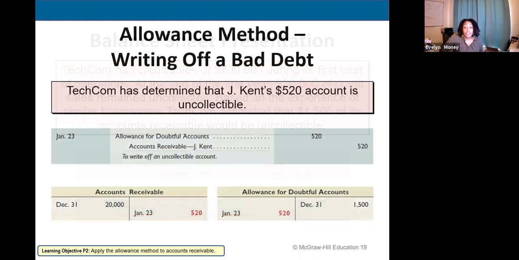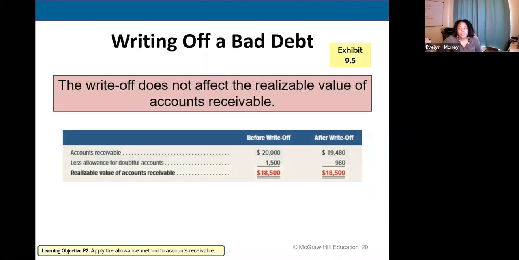When we're actually writing off the account, we need to debit allowance for doubtful accounts. This is the pot of money that we've set aside to deal with bad debt. So we debit allowance for doubtful accounts and we credit accounts receivable to take that customer's receivable off the books. So notice that before the write-off and after the write-off, the value of accounts receivable is still the same.